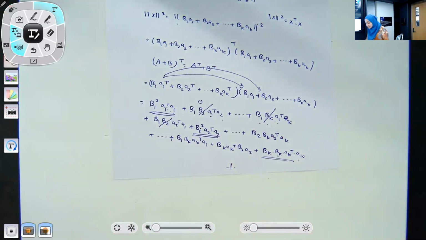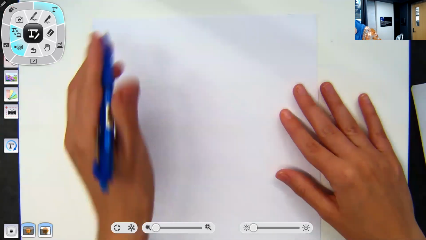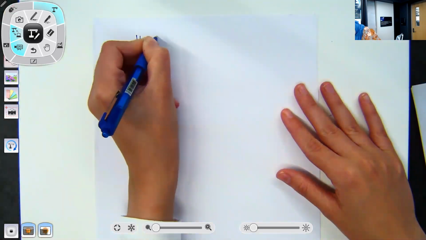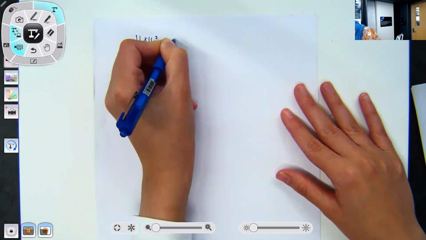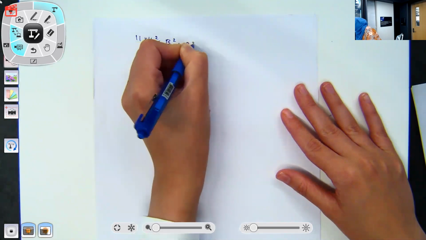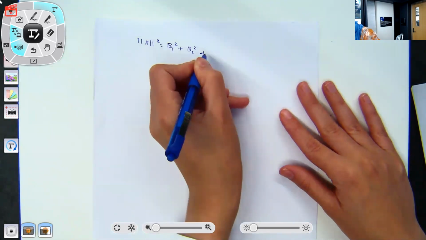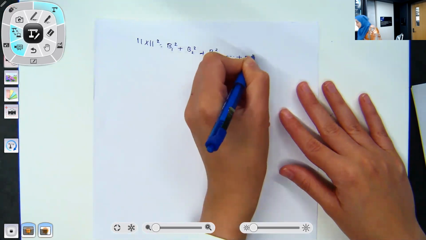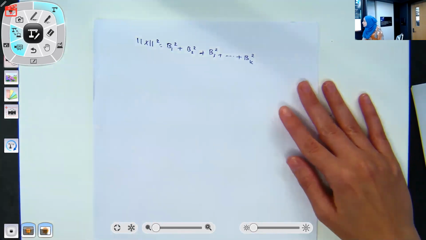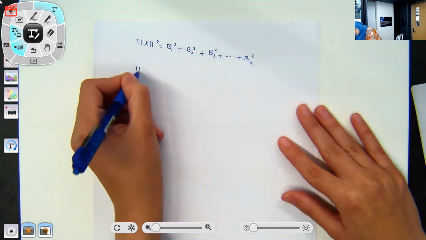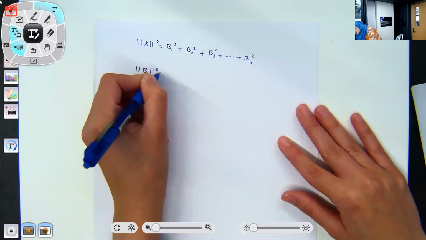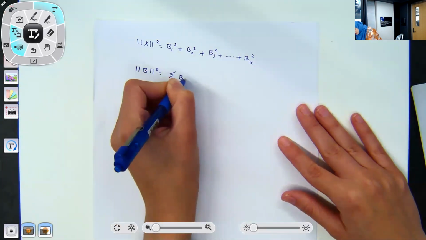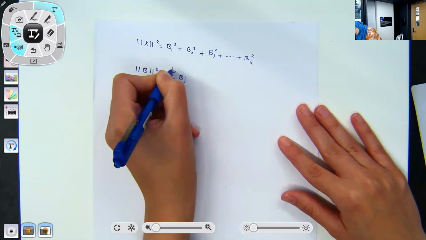So we can write it as: the norm of x to the power 2 equals B1 squared plus B2 squared plus B3 squared up to BK squared. And we know that the norm of B squared equals the sum of Bj squared from j equals 1 up to k.